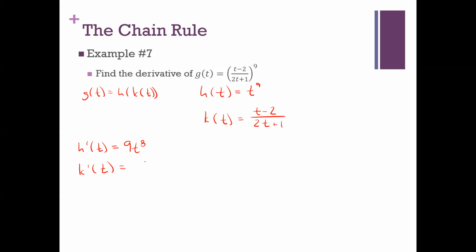How's the quotient going to start? So derivative of the first function, the numerator, times the function in the denominator, minus the first function times the derivative of the second, all over 2t plus 1 squared. You said the numerator comes out to just 5?